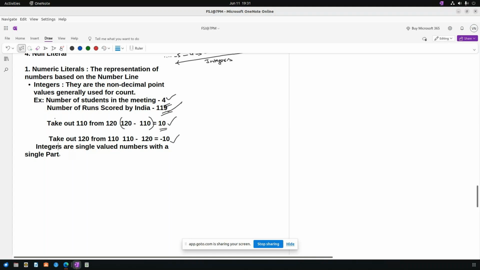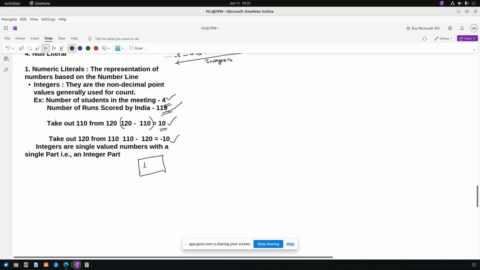So what is the single part? Let me let you know. That is an integer part. So what is the basic idea of the integer here? The integer is a single valued number with a single part, which we call the integer part.